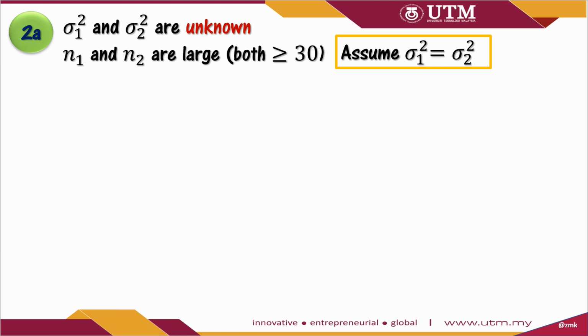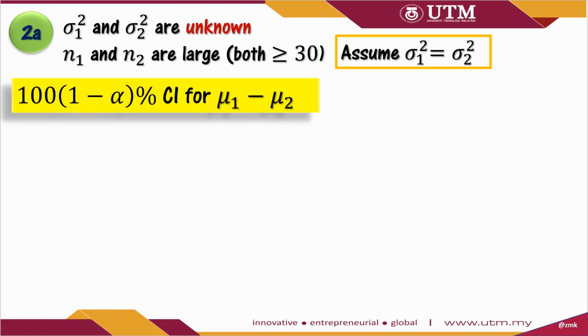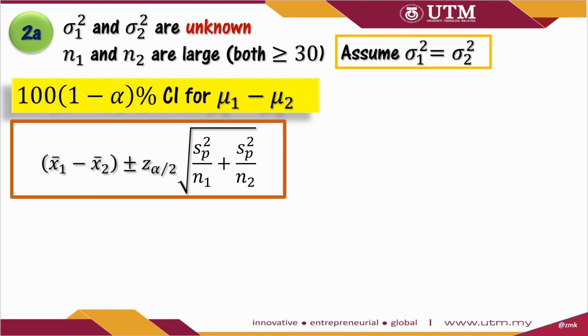So the two-sided 100 times 1 minus alpha % confidence interval for the difference between the unknown population means mu1 minus mu2 is given as follows. We start with x bar 1 minus x bar 2, which is the point estimate of mu1 minus mu2, plus minus the margin of error given by the product of the z-score, which is z alpha over 2, and the estimated standard error of the sampling distribution of the difference between two means, given by the square root of SP squared over n1 plus SP squared over n2.